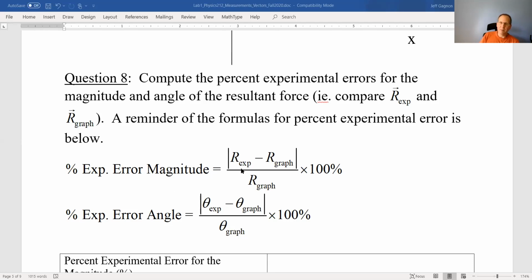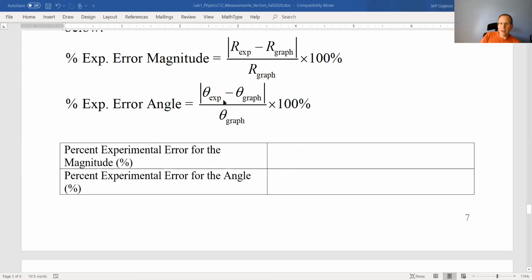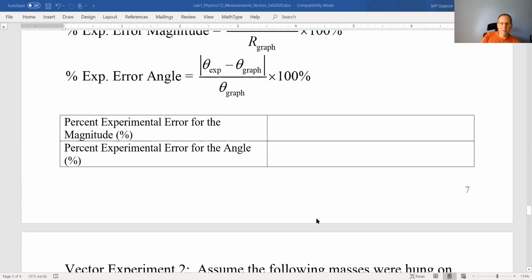Remember, it's always experimental minus graph, in absolute value, divided by the gold standard one or the accepted one. And we're going to assume the graphical one is the accepted one today. Okay. And then same thing for the angle. Your theta experimental, which was 93, minus whatever you got when you measured it on your triangle method, divided by your triangle method one, times 100. Show me those two calculations and fill in the table here.